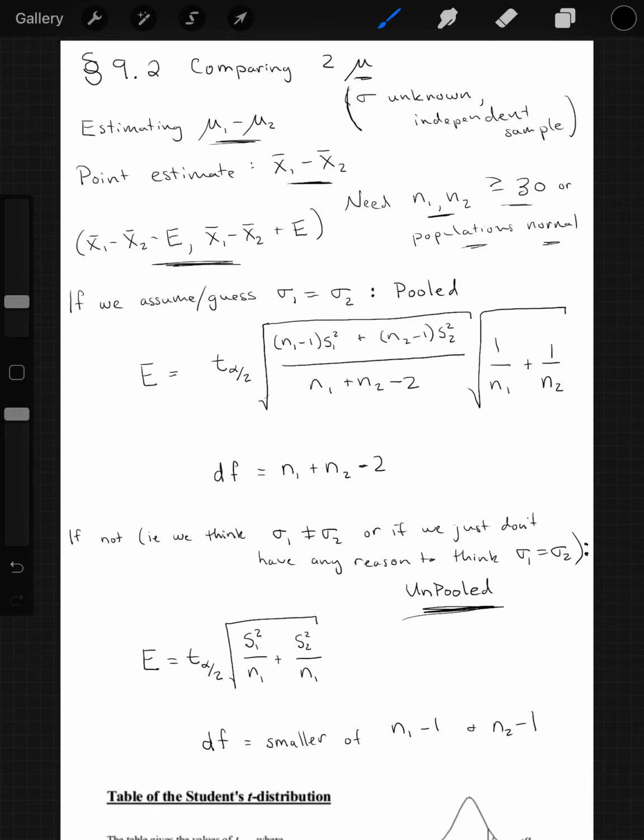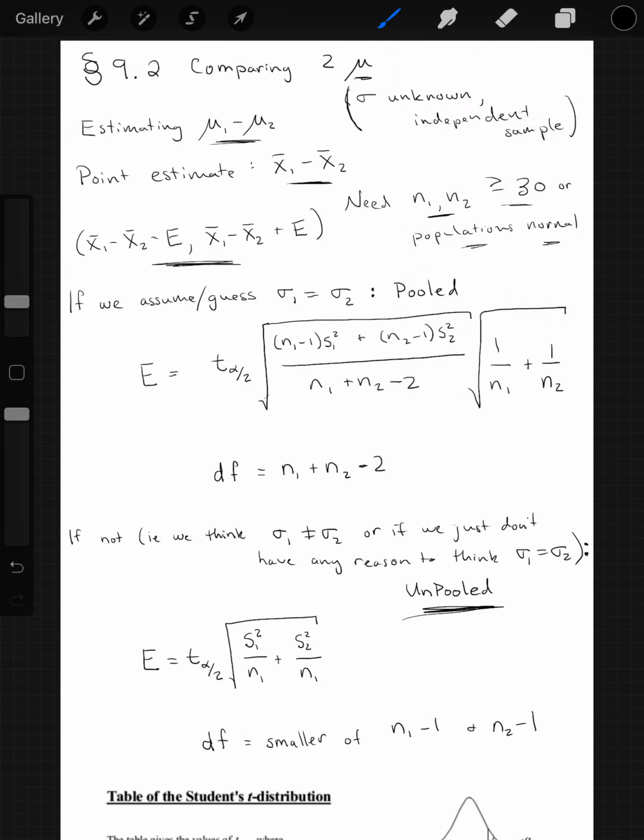So one of the tricky bits about this section is that we have 2 different scenarios that we need to be careful of. One of them is if we have evidence to believe that the population standard deviations, remember this is the population standard deviation of the first population and the population standard deviation of the second population, are equal.